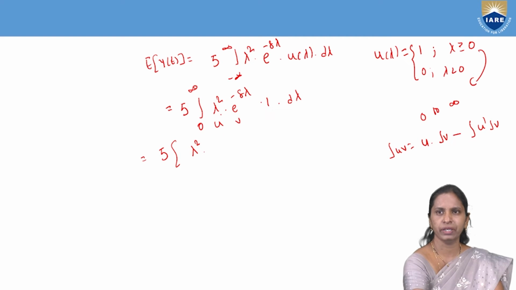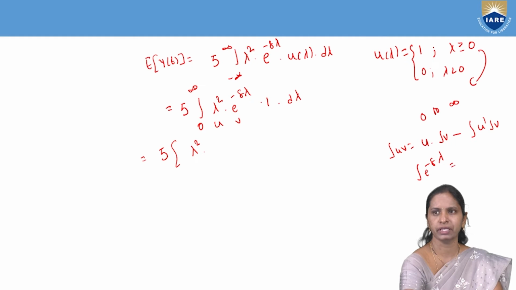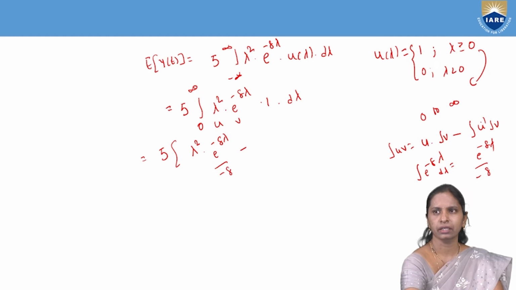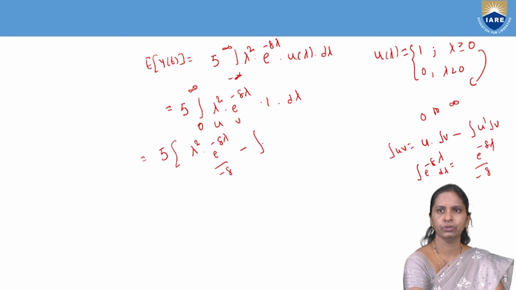So the integration of v, nothing but the integration of e power minus 8 lambda with respect to lambda, is e power minus 8 lambda by minus 8. Therefore, e power minus 8 lambda by minus 8, minus the integration of u dash.